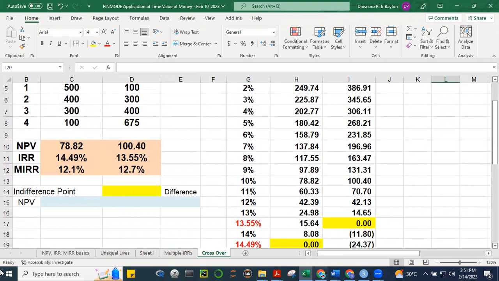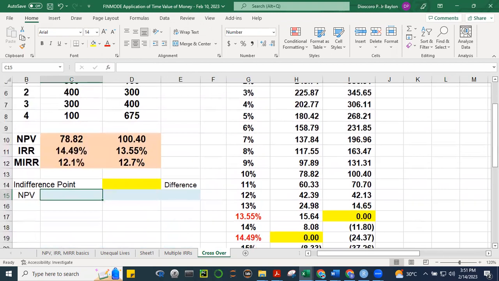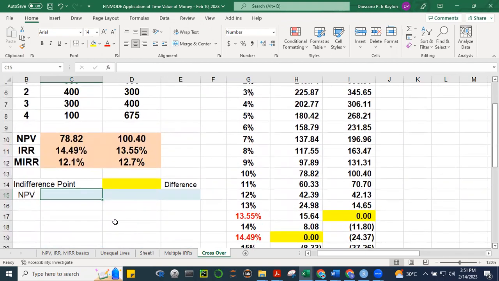Okay, so let's compute for that. So our NPV is equal to, let's call it indifference point.